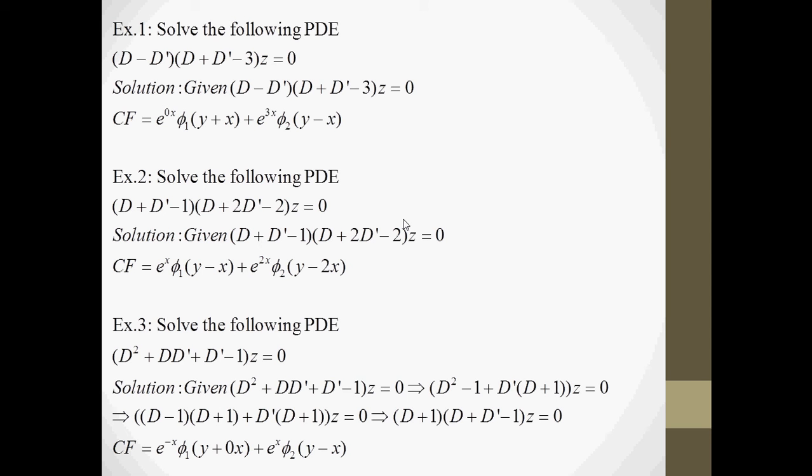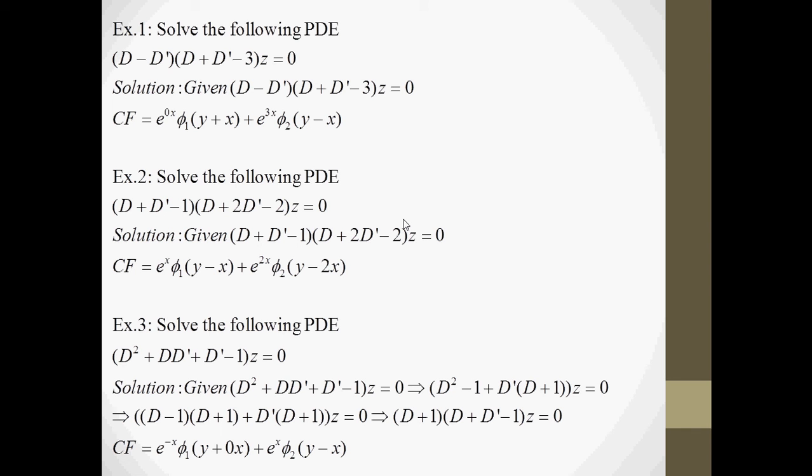Same as in the example, in the first bracket (D + D' - 1), the constant value is 1, so we use e^x, and the coefficient of D' is +1, so the value of m is -1. The complementary function is e^x φ1(y - x).